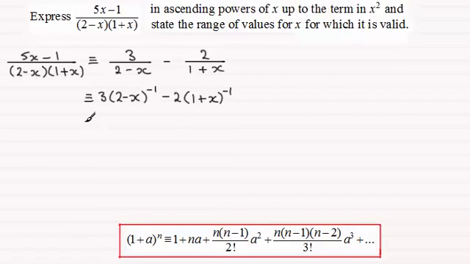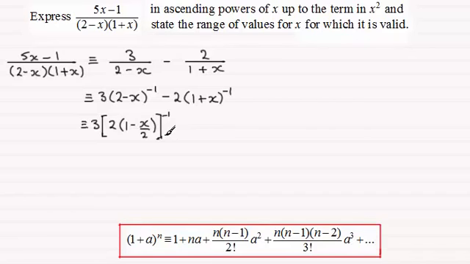So to handle that, if you've looked at the previous tutorials on the binomial expansion, you'll know that we would create a square bracket and pull out the 2, and would have 2 times 1 minus x over 2, and all of this would be to the power minus 1.